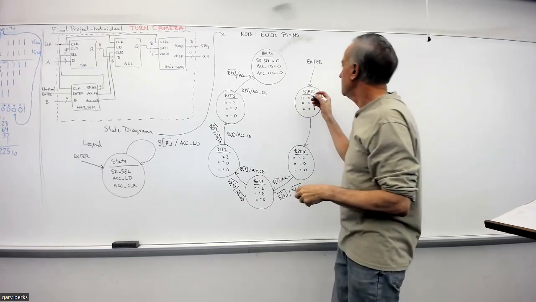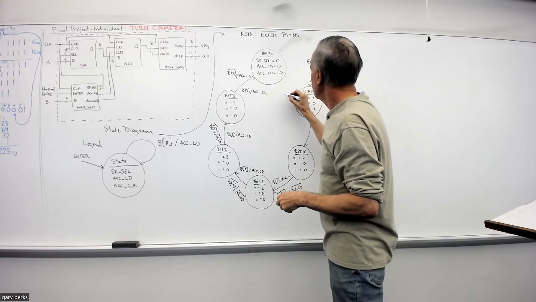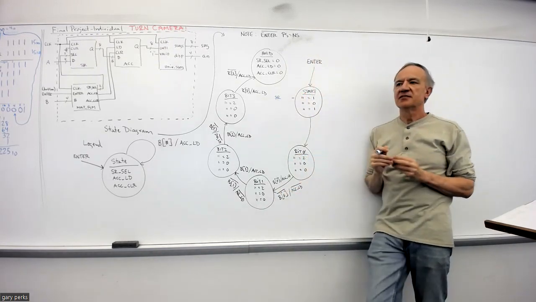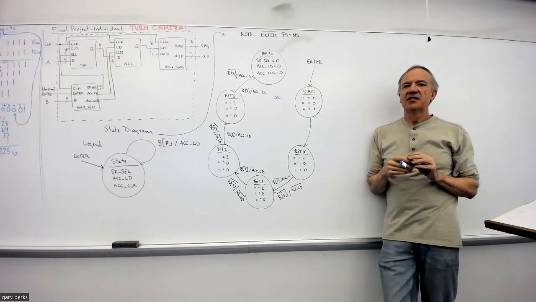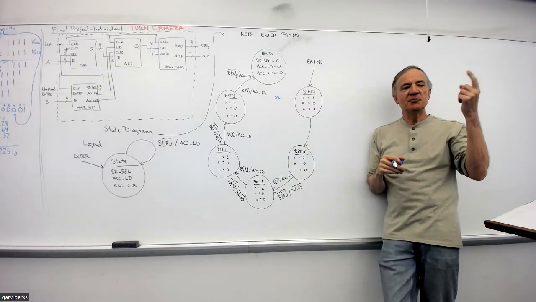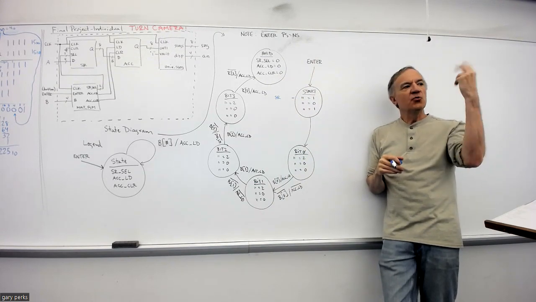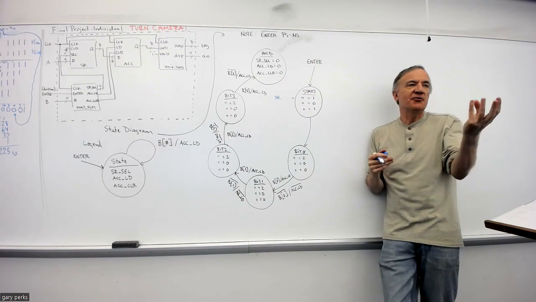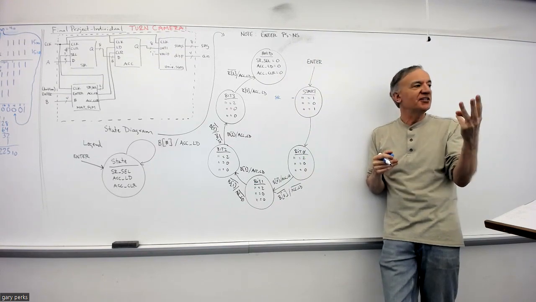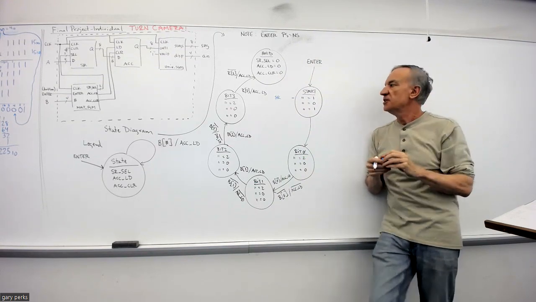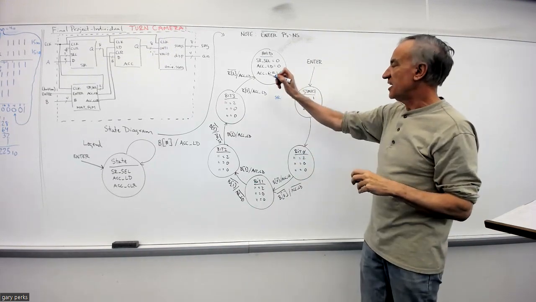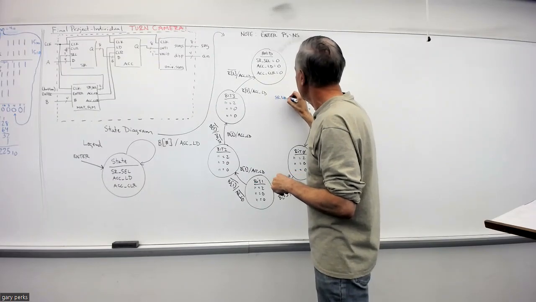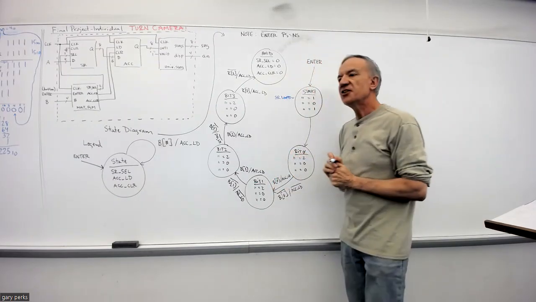Okay, so what does the shift register do when the select bits are 1? Load, right? Because remember, 0 is the hold, 1 is the load, 2 is the shift left, 3 is the shift right. Now, we're never going to have a 3 here, but we could have the other, 0, 1, or 2. So when the SR select is a 1, the shift register gets loaded. And what does load mean?